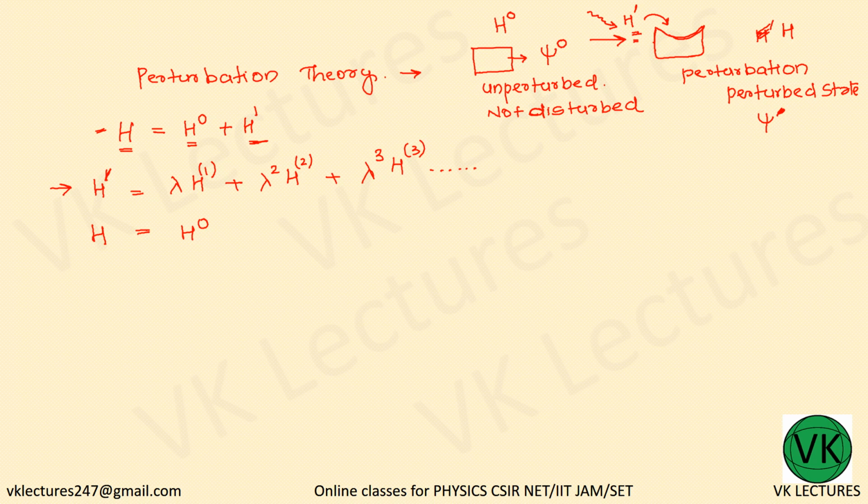So H naught plus lambda times H1, that is the first order perturbation, plus lambda square H2 plus lambda cube H3 plus etc. Now this is the total perturbation in Hamiltonian.